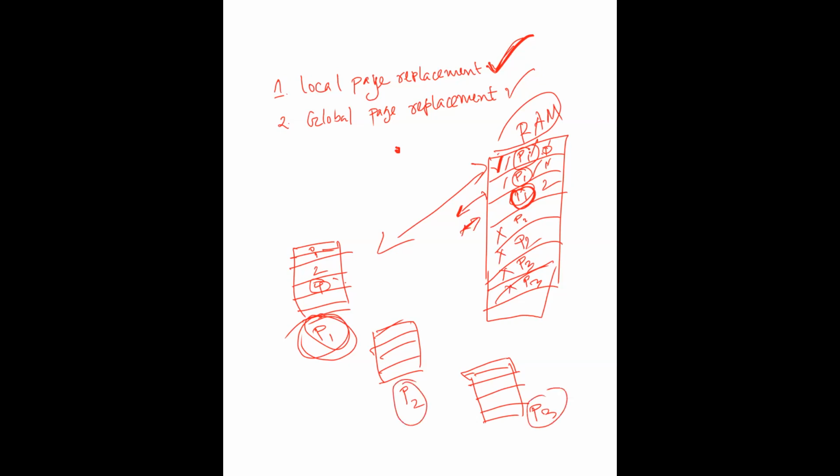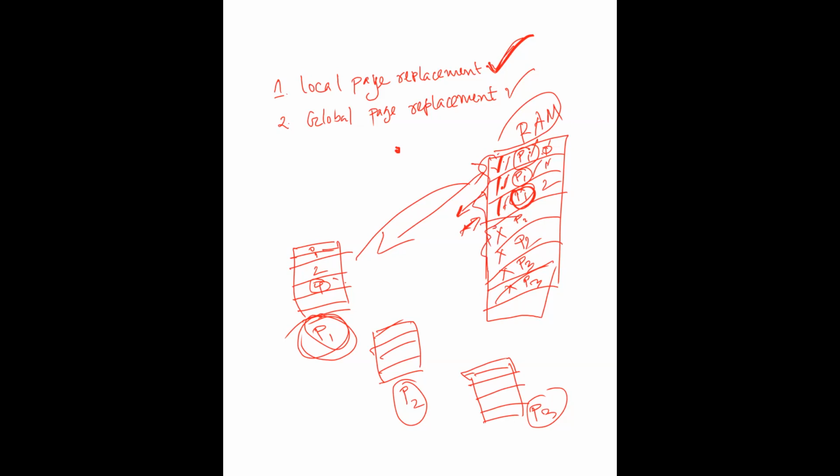So page replacement occurs within its own process. When page replacement occurs, it will use only these three frames. It never touches any other frames. Okay, this is local page replacement.